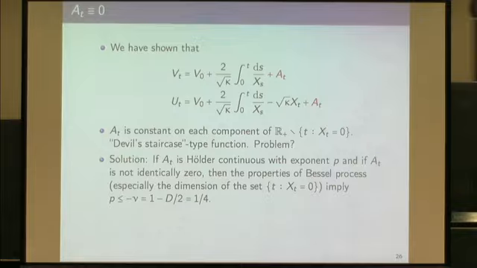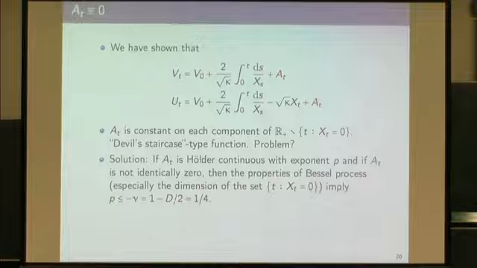Then since X_t was a Bessel process, we know the dimension of this set of times, and we know that p, if it's a Hölder continuous function, has to satisfy that it's less than minus nu, which is some variable describing the Bessel process, namely d over 2 minus 1.